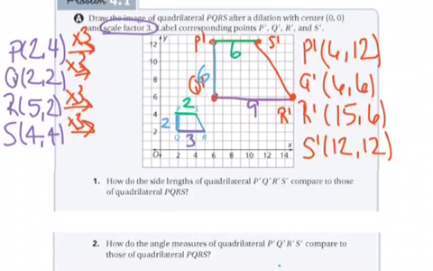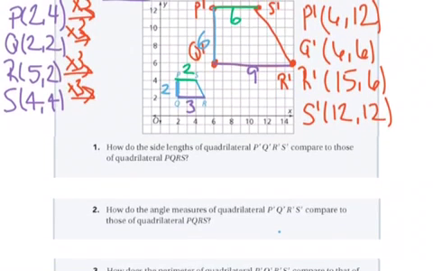Now I haven't taught you yet how to find the side length of a diagonal line. So let's just use these 3 lines to make our conclusions. If you notice, to get from 2 to 6 is times 3. Again, 2 to 6 is times 3. And 3 to 9 is also times 3.